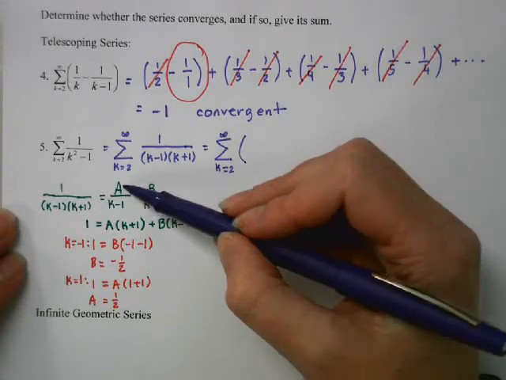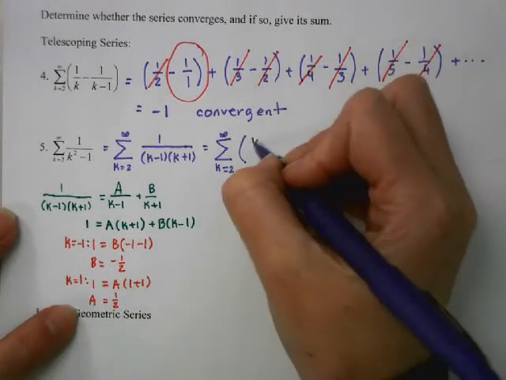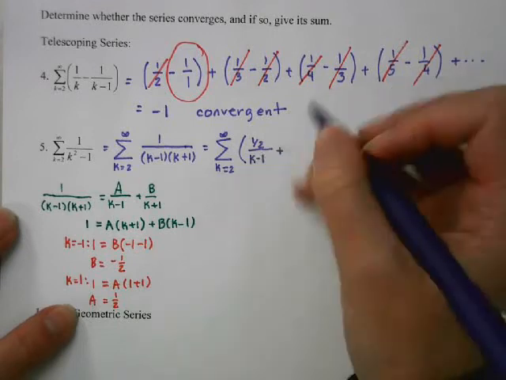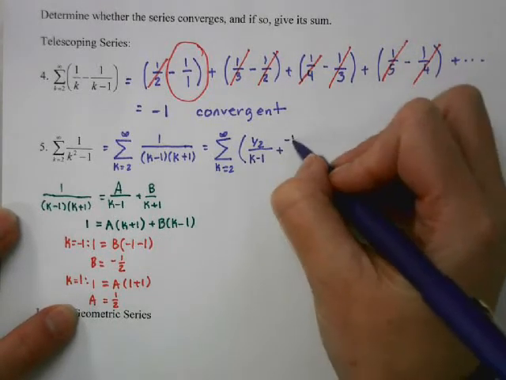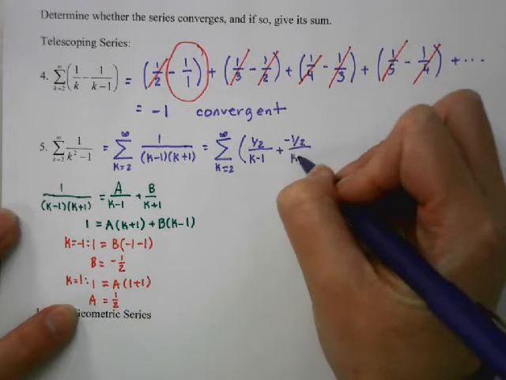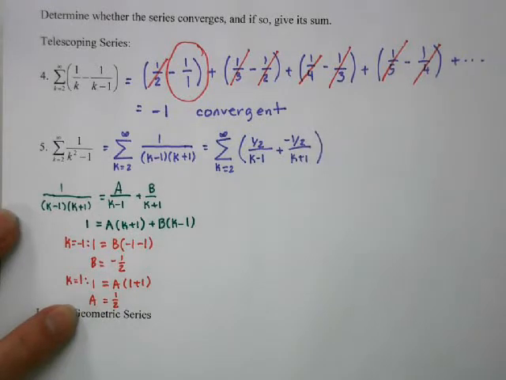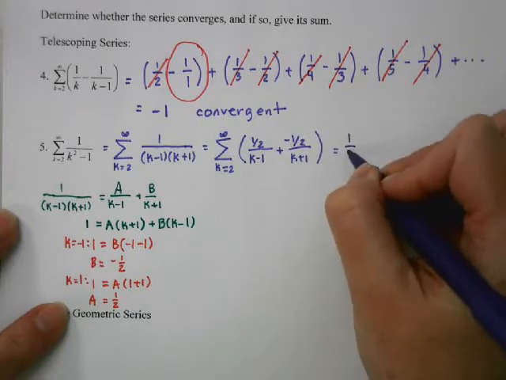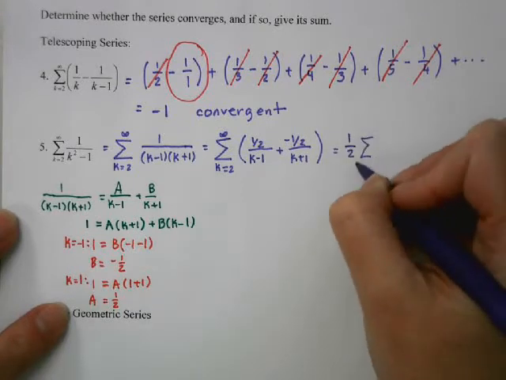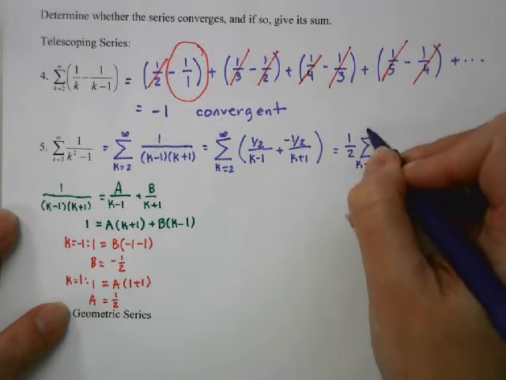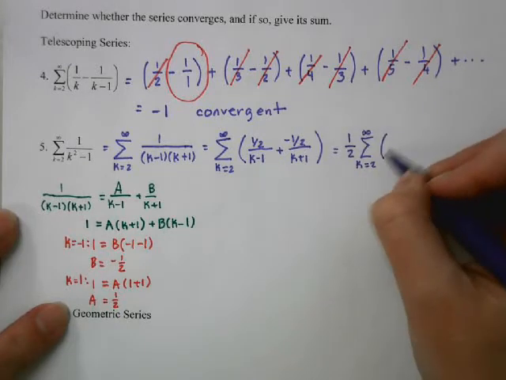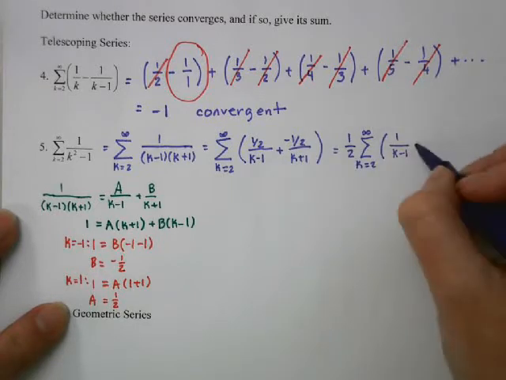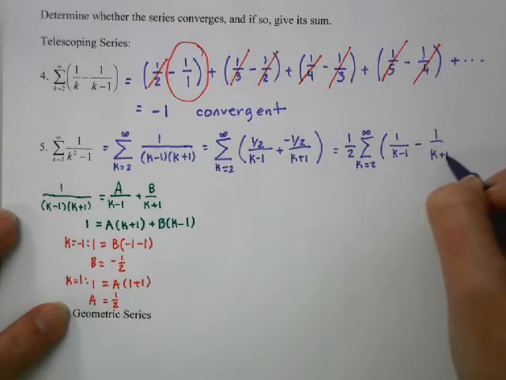This is now going to be a was 1/2, so 1/2 over k minus 1 plus -1/2 over k plus 1. So I'm going to pull out a positive 1/2 here. And that's going to leave me with 1 over k minus 1 minus 1 over k plus 1.